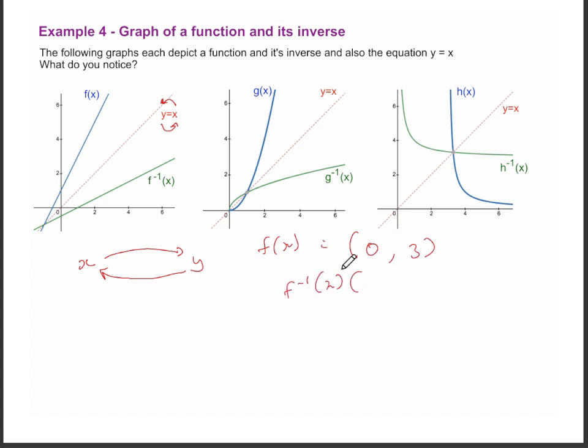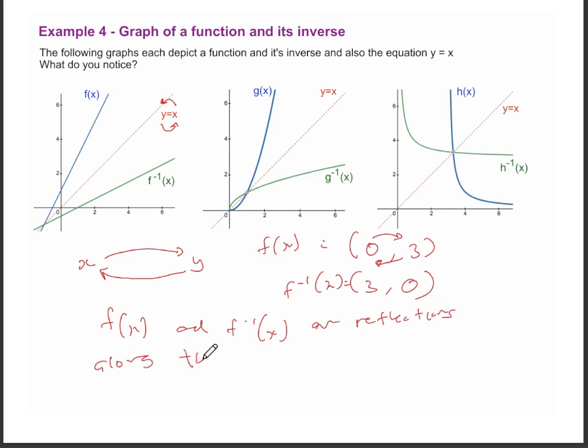We will take the 3 as our x now, and 0 as our y. Yeah, so we switch their places. X becomes y, y becomes x. And so we do that, which is what happens in this graph: the f of x and the f inverse of x are reflections along the y equals x line.